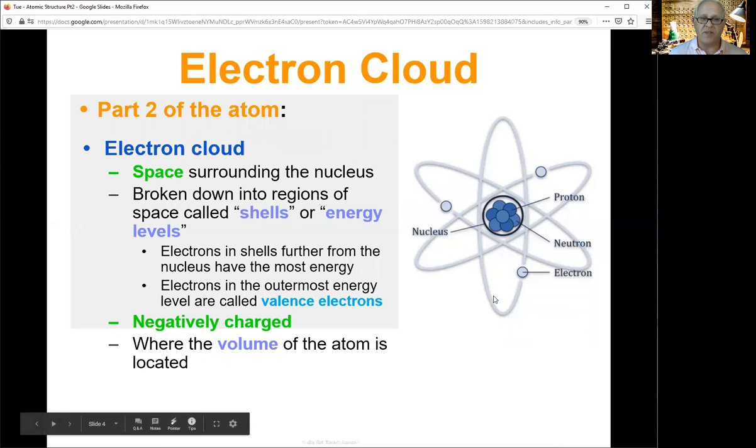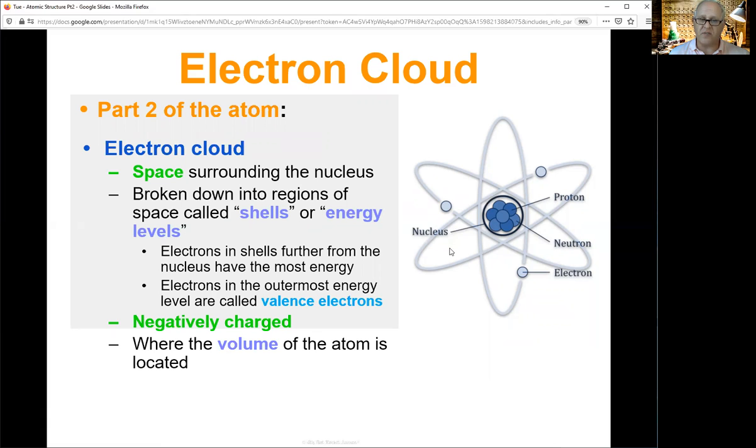Part 2 of the atom is the electron cloud. And I want you to think of this cloud that is around the nucleus. The electron cloud is that space that surrounds the nucleus, and it's broken down into regions of space called shells or energy levels. I want to jot those down for vocabulary words.